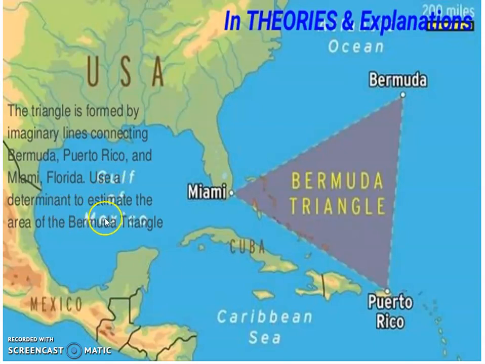Use a determinant to estimate the area of the Bermuda Triangle. To find the area of the Bermuda Triangle, we definitely use the application of area of triangle using determinant here. So that is the application of the area of triangle.